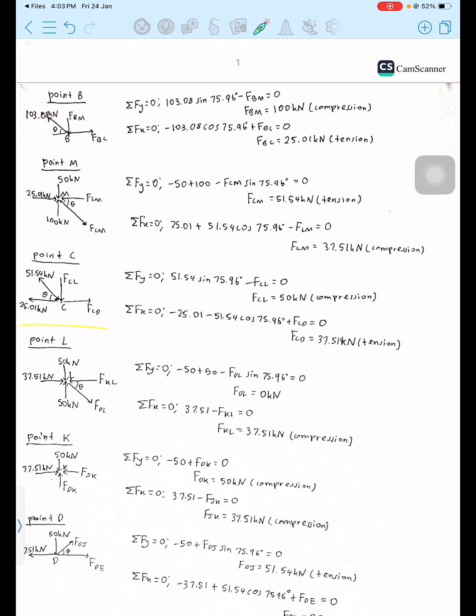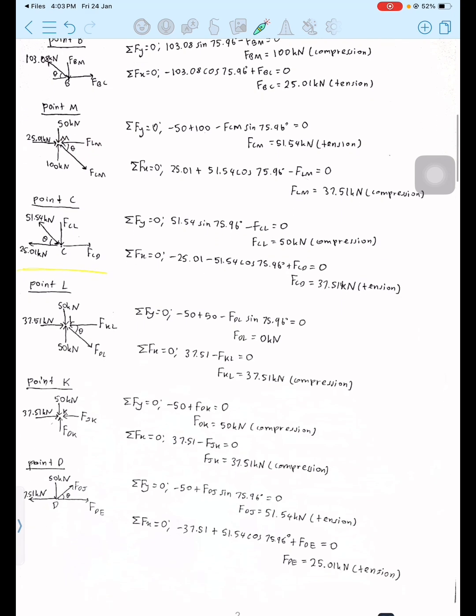So we get FCM equal to 51.54 kilonewton and tension. Then we find FLM using sum of Fx equals 0: 25.01 plus 51.54 cos 75.96 minus FLM equals 0. Then we get FLM equal to 37.51 kilonewton, and it is compression, because the direction is towards point M.